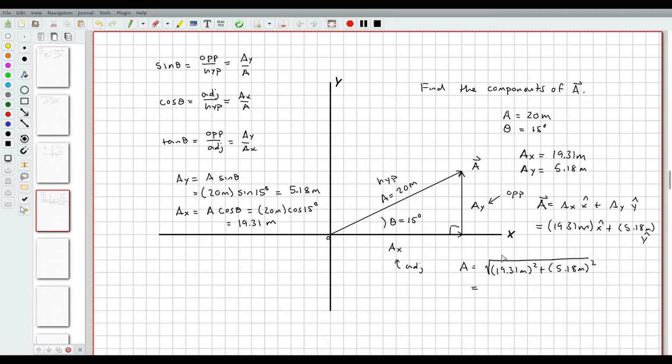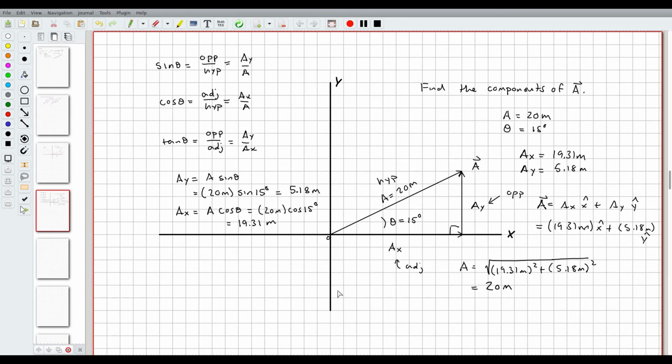Square root of 19.31 squared plus 5.18 squared. $19.99. And considering that I had rounded these numbers right here, yeah, that's 20.